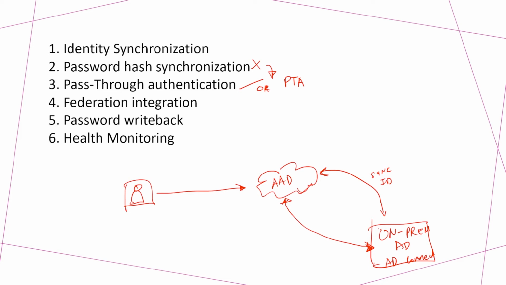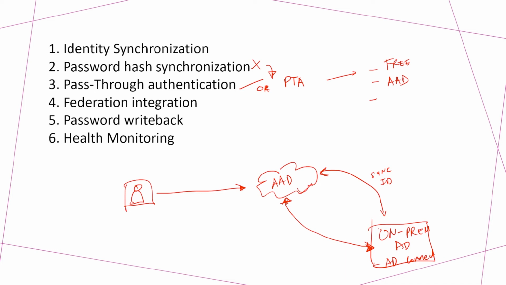So what will make you use pass-through authentication? Pass-through authentication is free, so you don't need an additional license to use it. It can be enabled by just using Azure AD Connect. It uses a lightweight on-prem agent that listens for and responds to password validation requests.